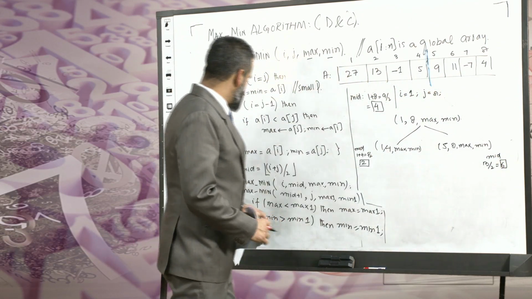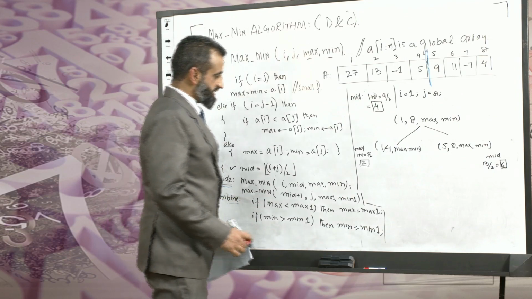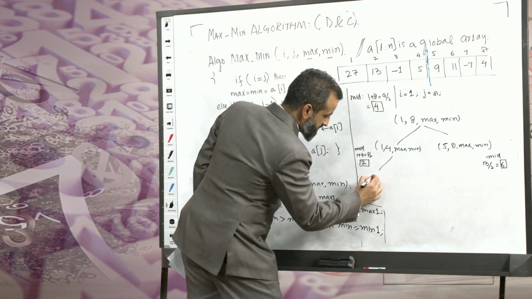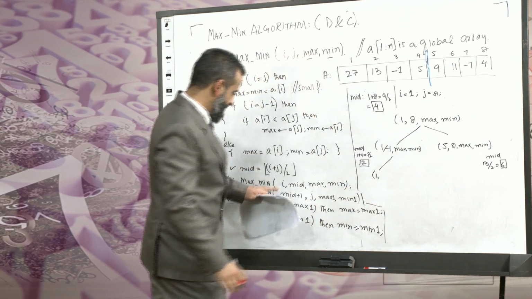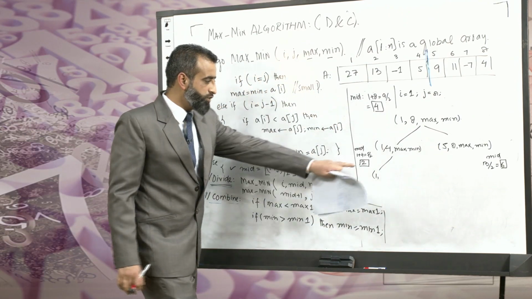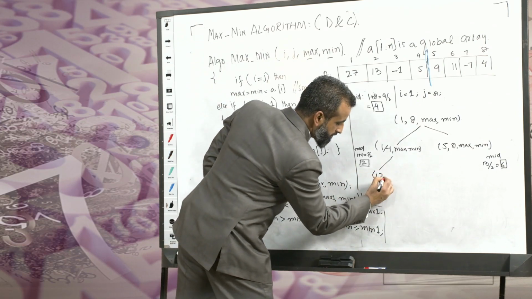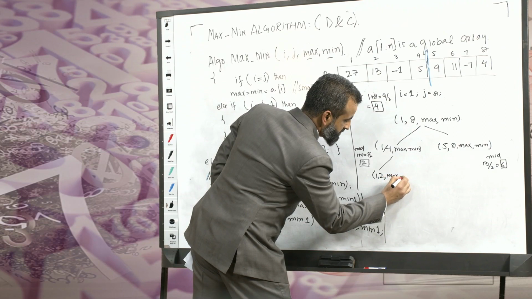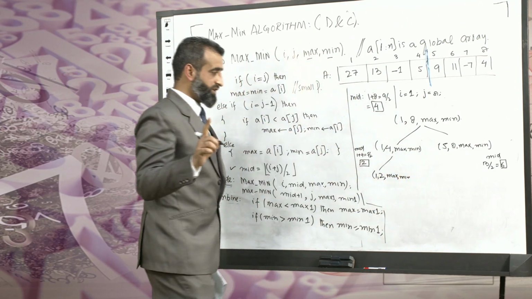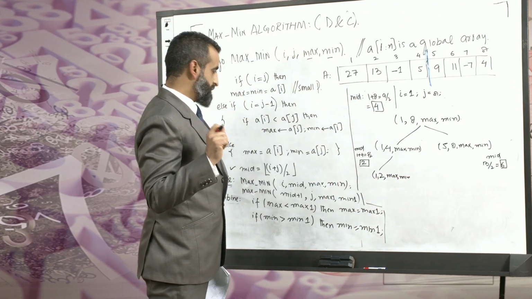So let's see the other two recursive calls that will be generated in this case: 1, that's the ith element, first element, and mid. The new mid in this case is now my 2. Again, the value for max is not known, the value for min is not known. I almost forgot, please let me correct myself over here.